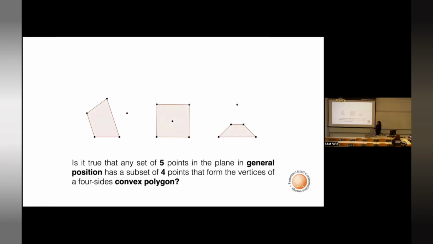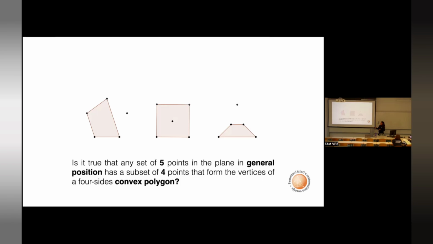Either we have 5 points that are already in convex position, which means that every 2 points, if I draw the line, it will stay inside.